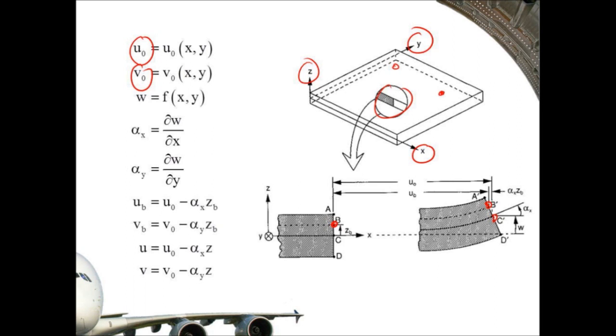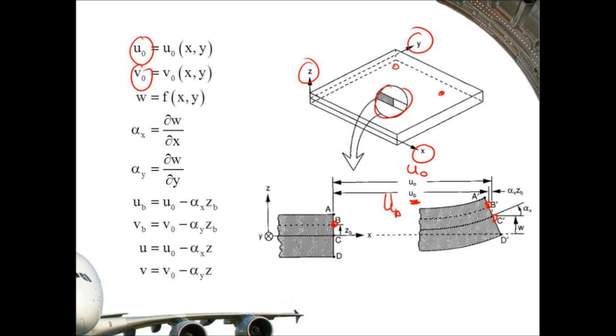So if you can read the subscripts, I don't know if you can, UB is slightly smaller than U naught. So this is U naught and this is UB. Okay, because if it's bent, there's a change in angle of a plane. So that's where we get these formulas from.